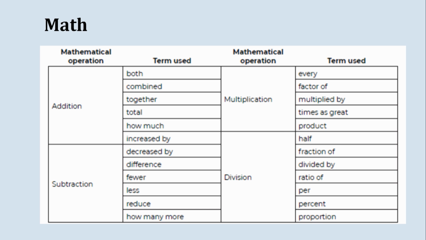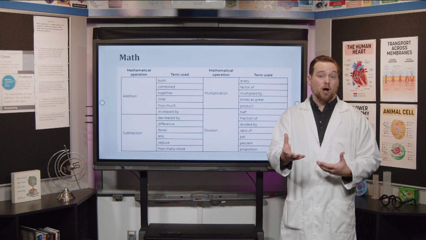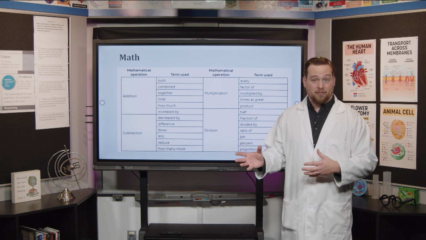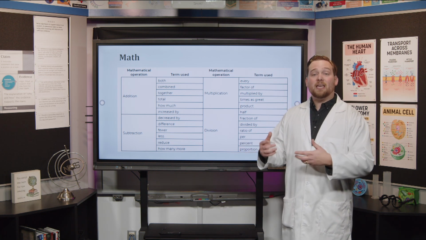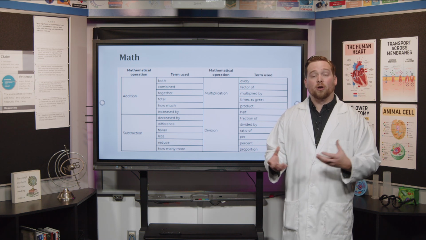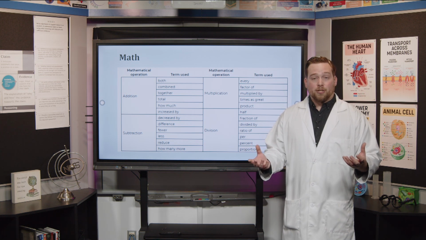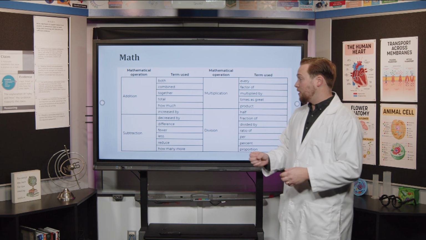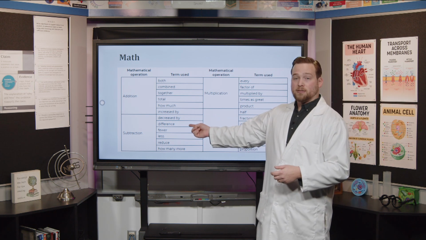So get used to this. If you're struggling with it, I would suggest just doing word problems from a math test, because a lot of times they use these words, and that can be some good practice on what operation to do. Some of these operations are fairly straightforward. One I wanted to point out is difference.